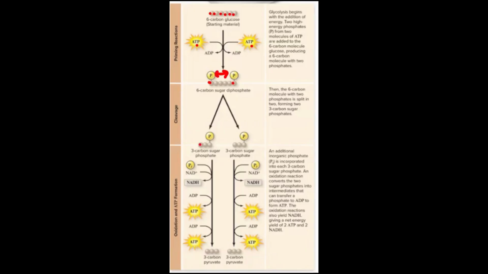That's going to break into our 3-carbon sugar that has the phosphate group attached to it. We can move that phosphate group off. This is where we're going to produce our NADH. We're also going to produce our 4 ATP molecules as we move atoms around on these 3-carbon sugars to end up with our 2 3-carbon sugar pyruvates.